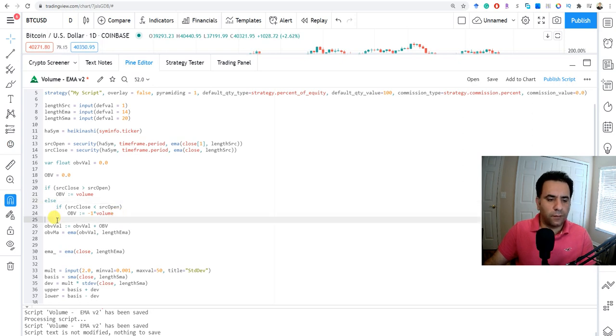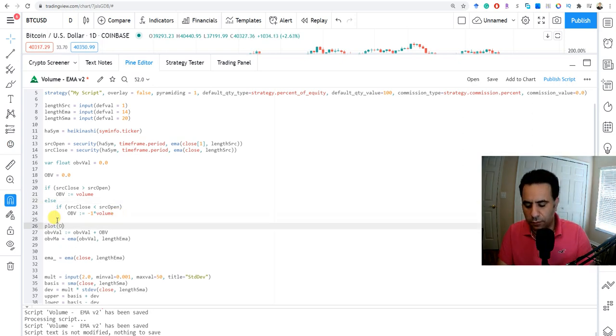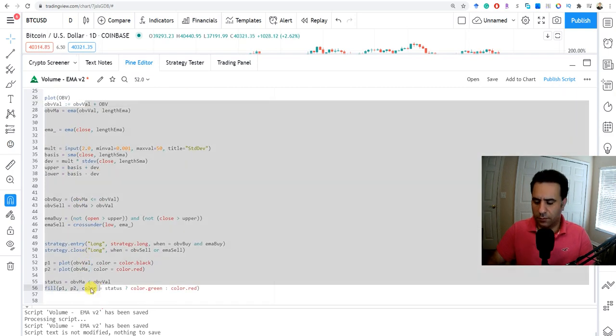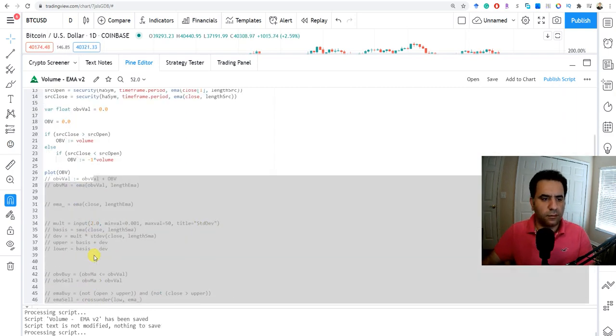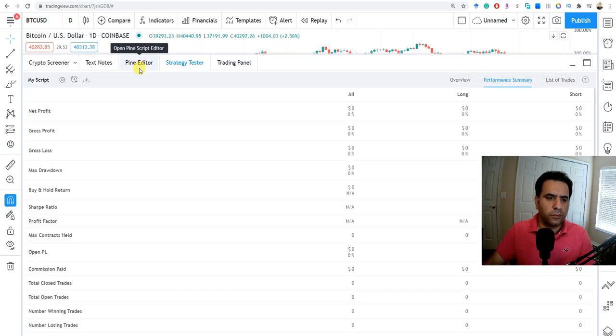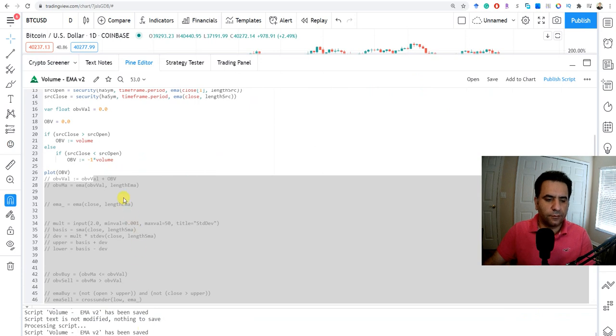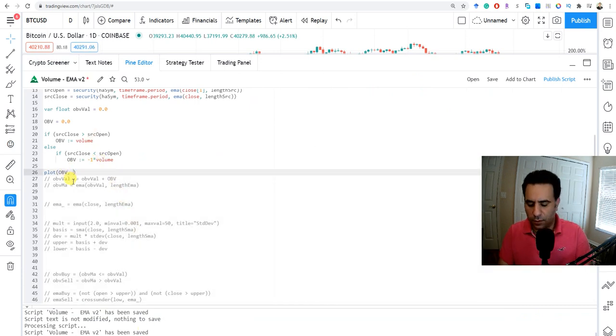And if the price is decreased, OBV is -1 times volume. So if I want to just plot OBV, you'll see what I'm saying. Let me comment these lines, and save it. Now if I plot OBV, and let me show it with bars, and style is this.